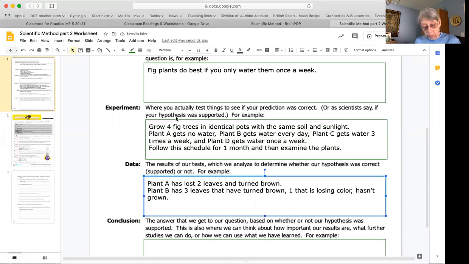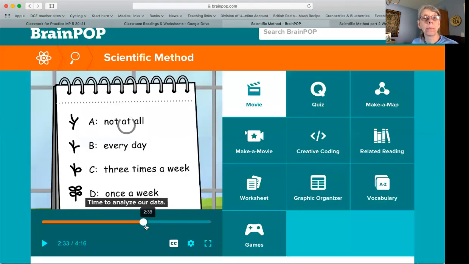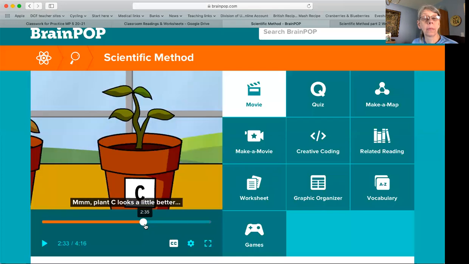All right. And what are we going to say about plant C? Still green, still has 4 leaves. All right. Doesn't seem to have grown much.